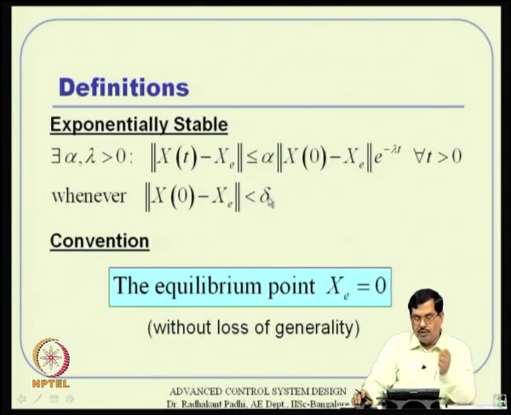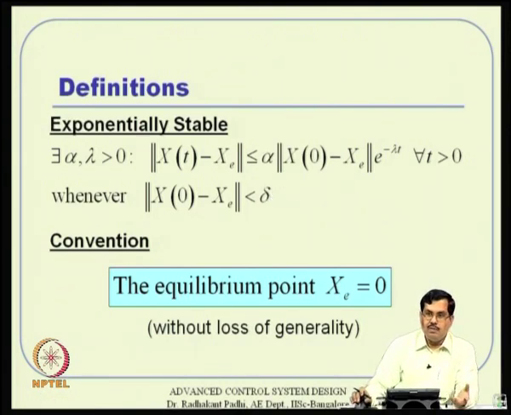Also remember that exponential stability is invariably satisfied in linear systems. The linear system solution is given by e to the power At, so it is dictated by that kind of formula. If a linear system is stable, it is globally asymptotically stable and globally exponentially stable, but for nonlinear systems you cannot say that. You have to be very careful about each equilibrium point and what kind of stability behavior you are having.